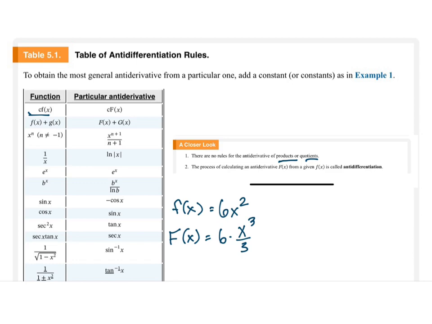So let there be a velocity function, v of x, equal to x cubed plus 4x squared plus x. Can y'all see this? If I wanted to find its antiderivative, I would anti-differentiate each of the terms, but I continue adding them just like they were in the original function.